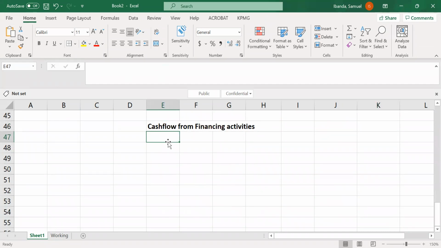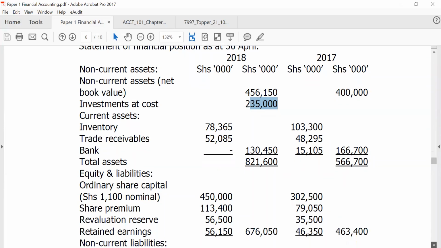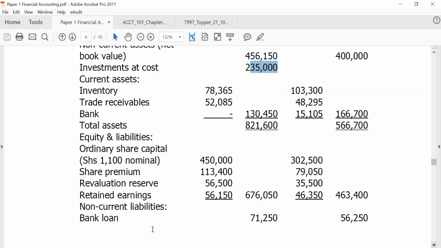So cash flows from financing activity, which we said here, we look at the loans and shares, items of financing. We also look at dividends and so on. When I come to my information, that is usually under equity and liabilities. We can see that our share capital was 302 and it is now 450, and then our share premium also changed.